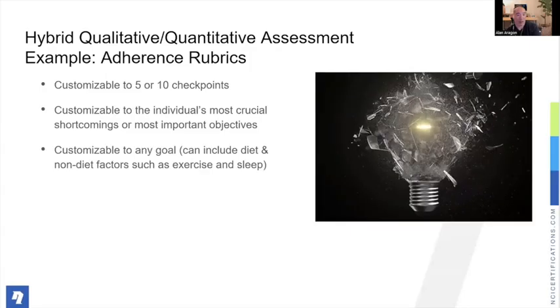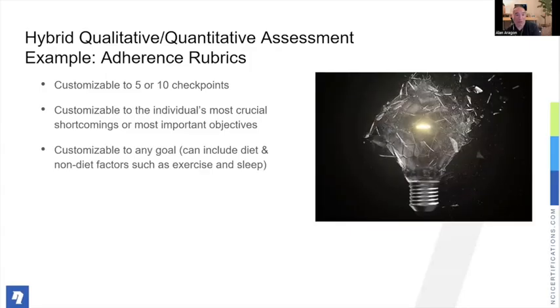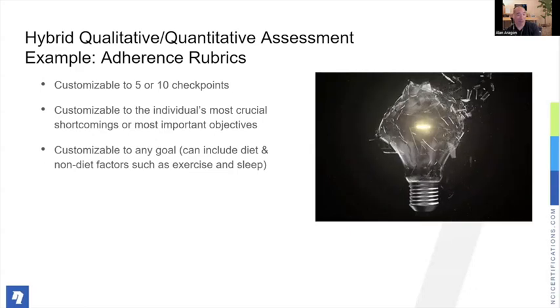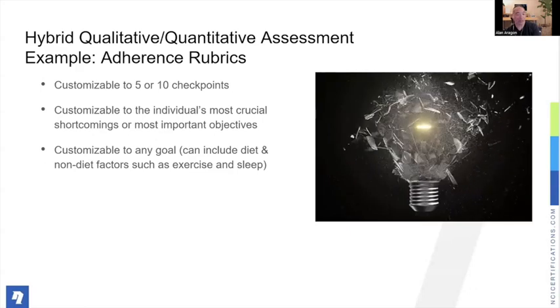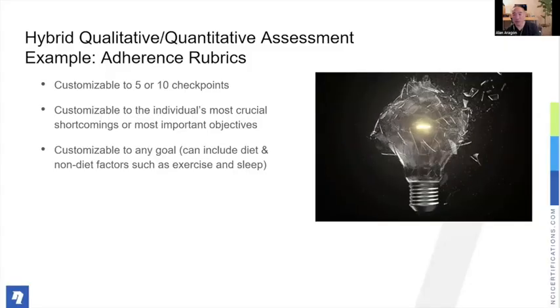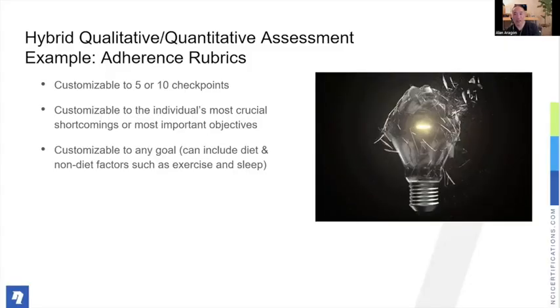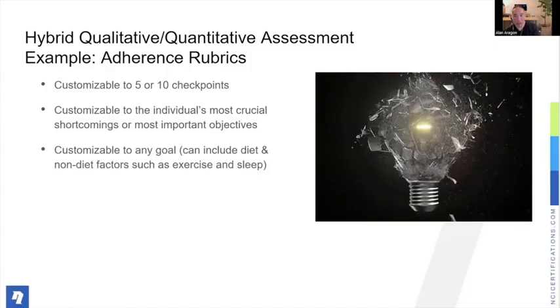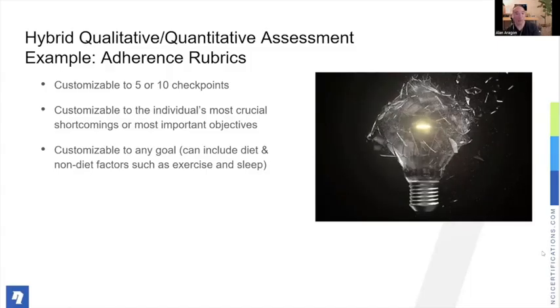So they're customizable to any goal, and this can include diet-related goals, exercise-related goals, any kind of behavior-related goals you can build an adherence rubric for.